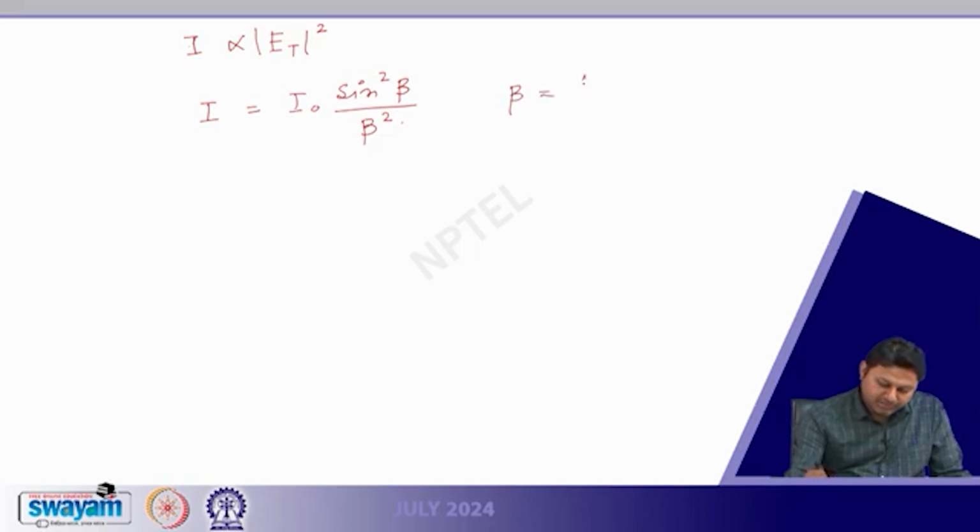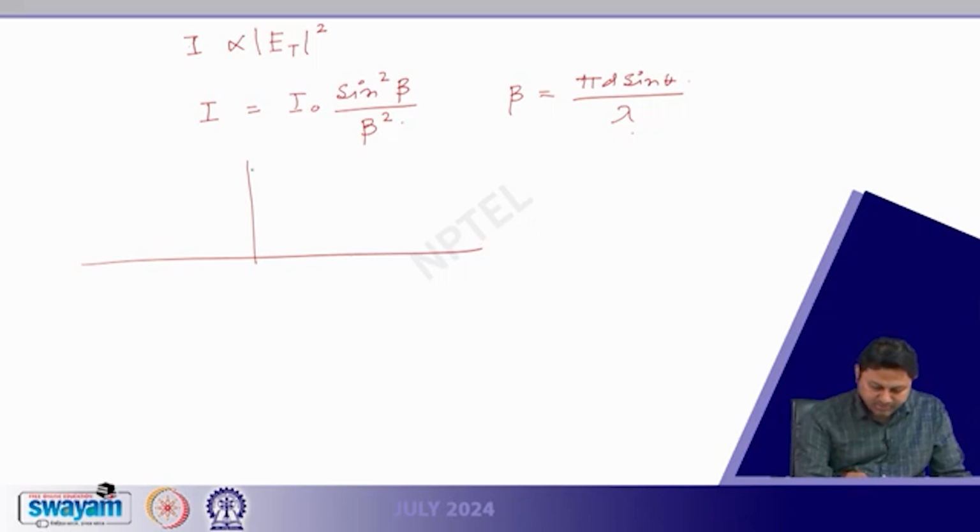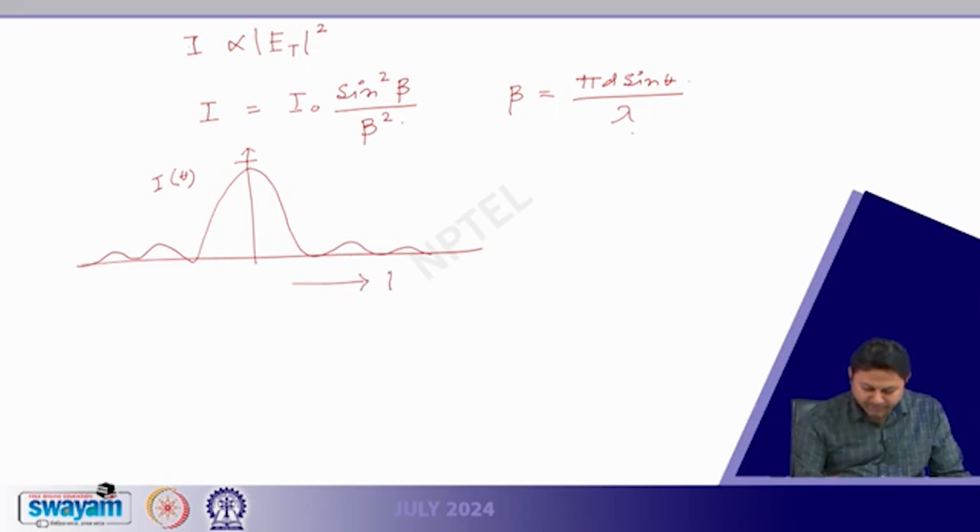Where beta is pi d sin theta divided by lambda, and the intensity will be distributed in this way. This is the distribution of the intensity. This is the peak intensity along this direction. We have I as a function of theta or beta, and this side we have beta, which is this quantity.